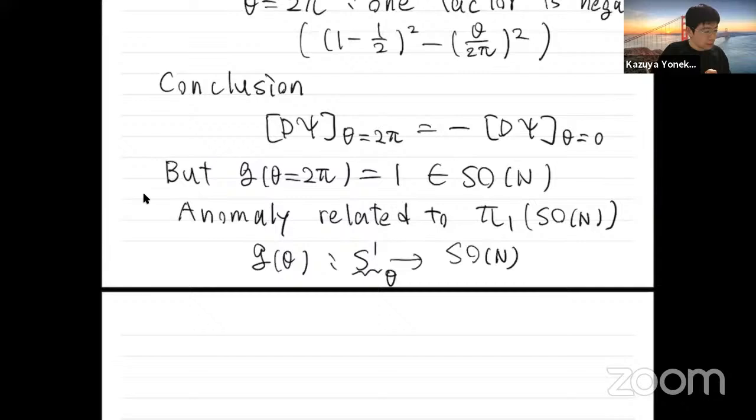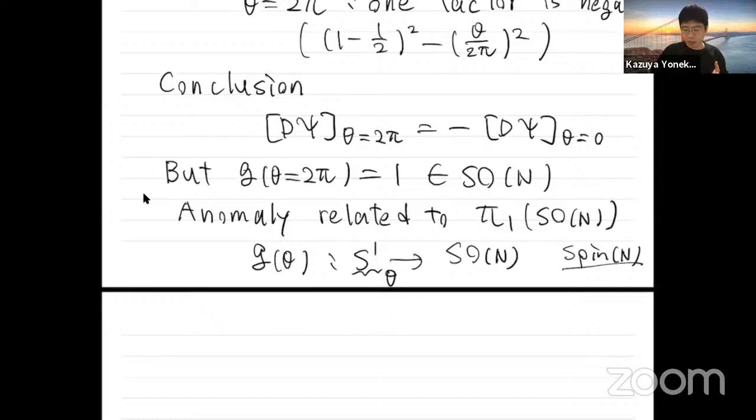And so I have talked about this SON, but if we consider instead its double cover spin n group, so this spin n is a double cover of this ON, then this 2 pi rotation is not the identity element of this spin group.